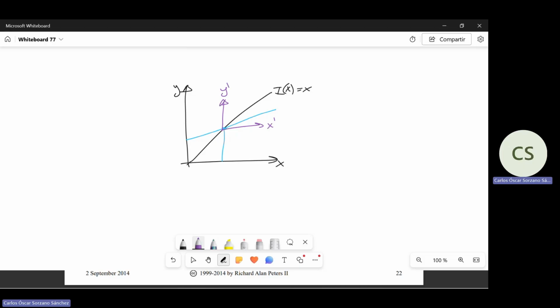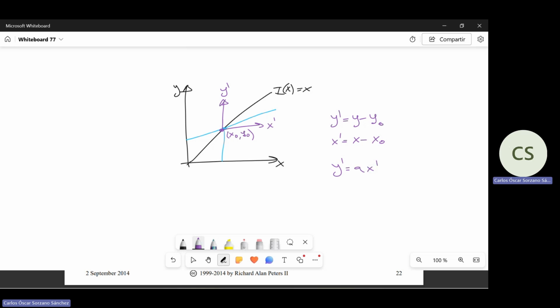And how do you get to x prime and y prime? So y prime will be y minus y0, and x prime will be x minus x0, where this is the point x0, y0. Then you define your function in terms of x prime and y prime: y prime is a x prime.